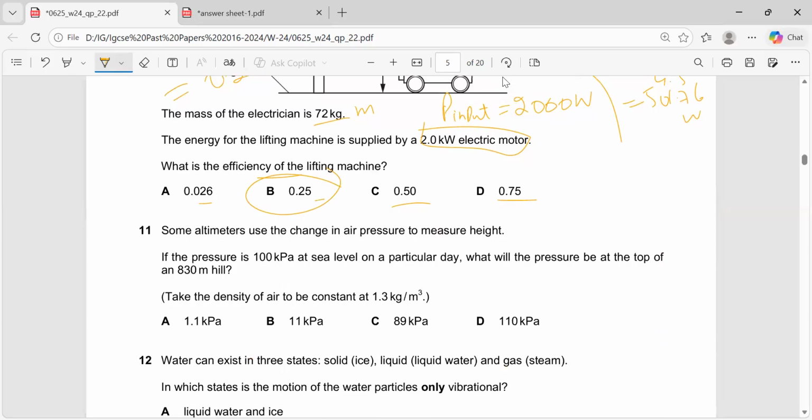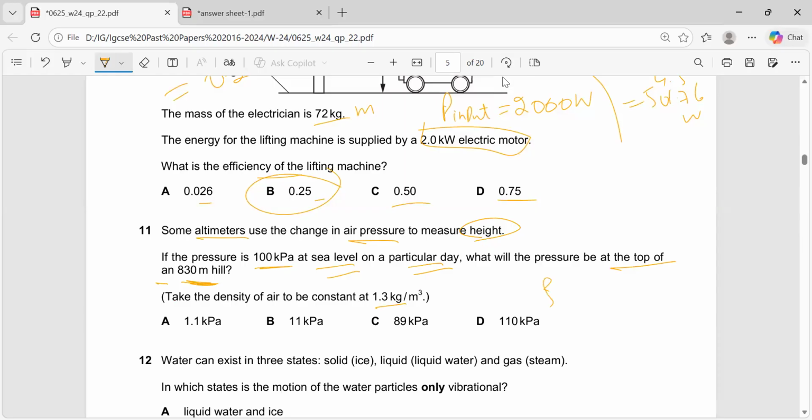Now, some altimeters, from altitude, use the change of the air pressure to measure the height. If the pressure is 100 kilopascal at the sea level on a particular day, what will be the pressure at the top of an 830 meter hill? So very simple, my dear friends. So density of the air is this.